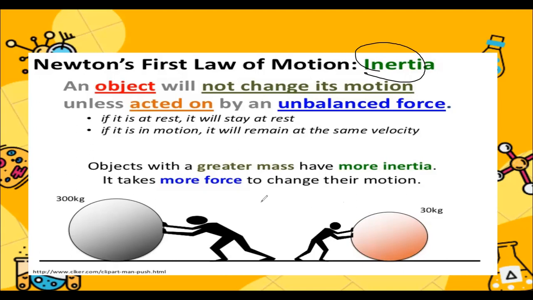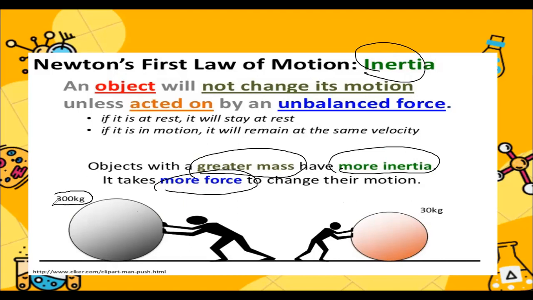So we have objects, no? Objects with greater mass have more inertia and it takes more force to change their motion. For example, we have here the greater mass, which is the 300 kilograms metal ball. Ayan.